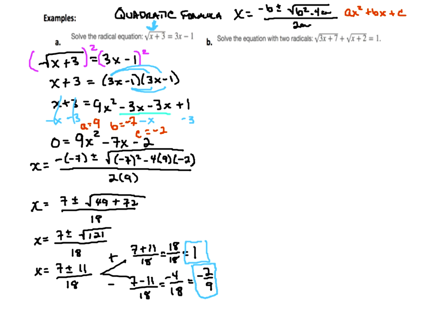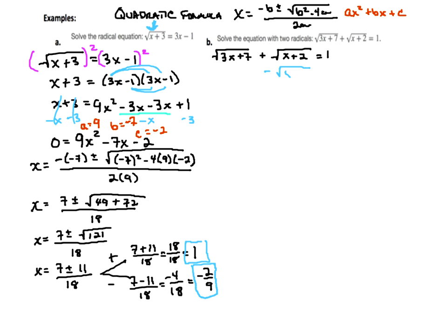And hopefully I'll have enough room to work this other one, because this one's a little bit of a doozy. So the square root of 3x plus 7 plus the square root of x plus 2 equals 1. All right, so I do have to isolate one of my square roots before I can square both sides.